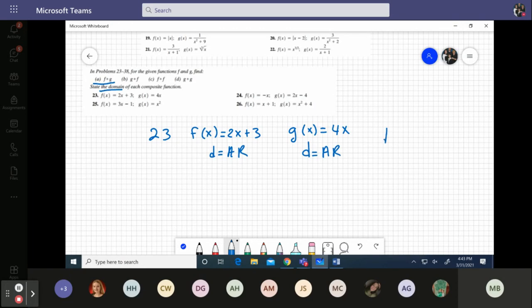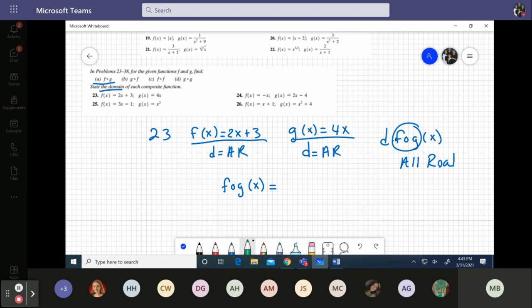So my domain for f of g of x is going to be all real. If both of these are all real, then the composite function of them both is also going to be all real. But what is f of g of x going to look like?